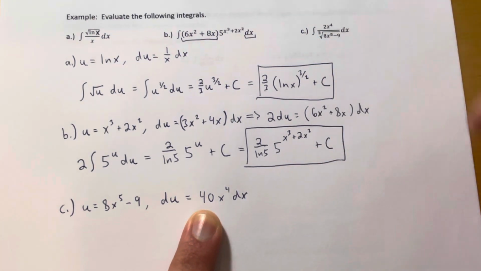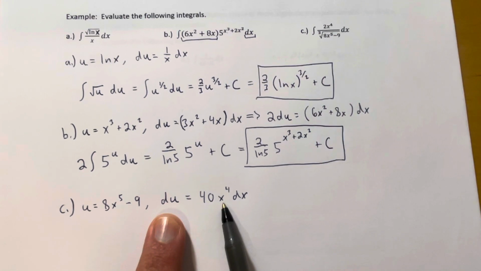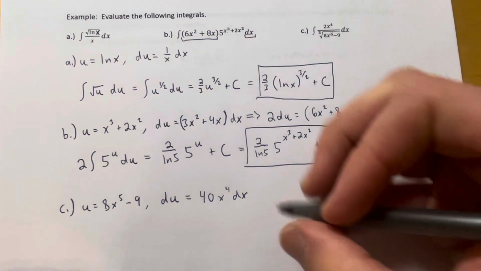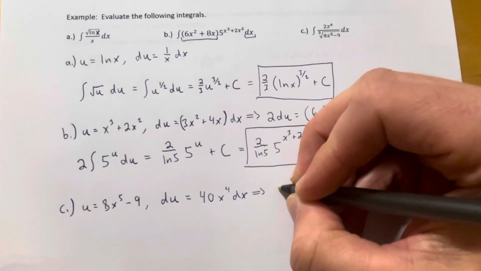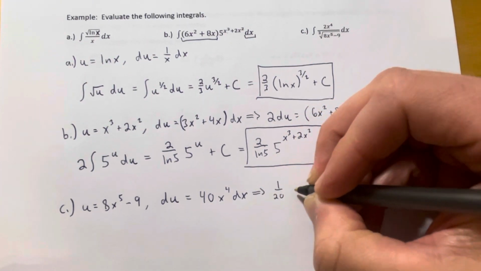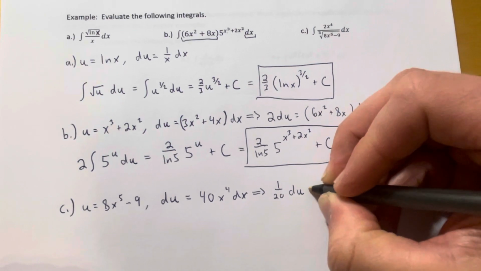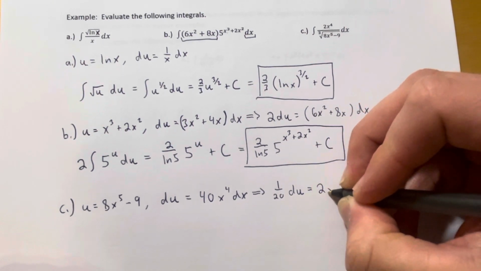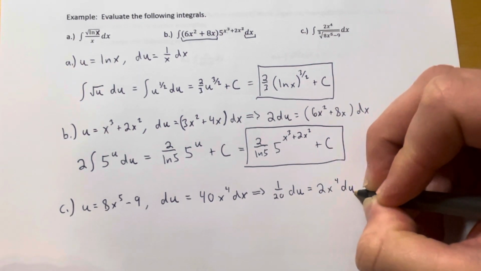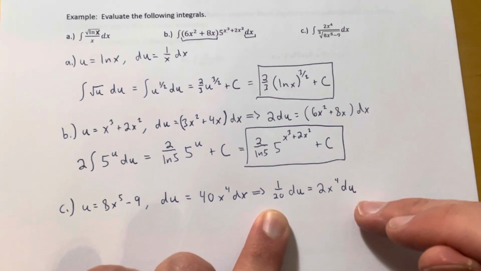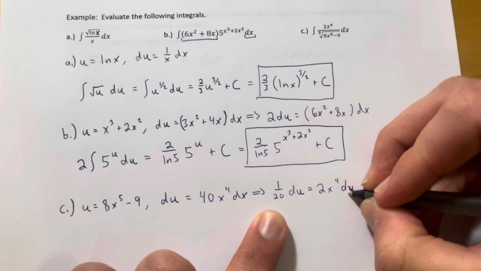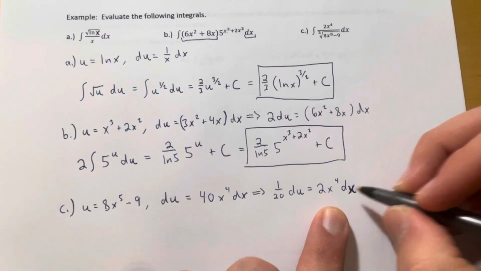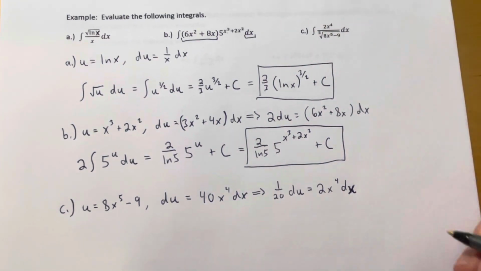So we fix that by multiplying both sides of this by something that will turn that 40 into a 2. 1/20th will do that. So if I multiply both sides by 1/20th, remember that's like dividing by 20, I would get 2x to the 4th dx. That should be a dx. It's the second time I've done that. That is what I should be seeing there, okay?